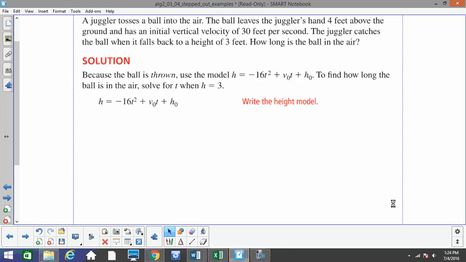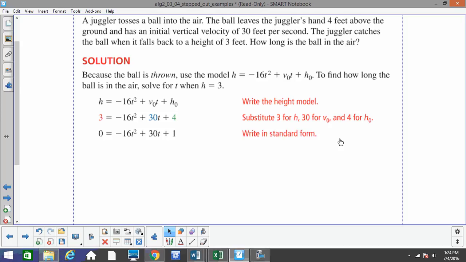So we're going to use h equals negative 16t squared plus v sub 0, which is initial velocity, times time, plus h sub 0, sometimes said h naught, which is your initial height. So our initial velocity was 30, our initial height was 4, and the height is 3. We can solve for t.